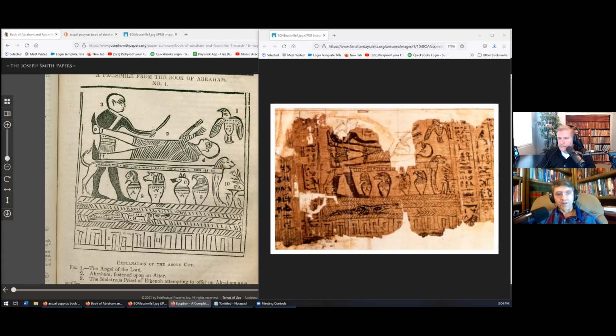In fact, a non-LDS Egyptologist pointed out this part that is figure 11, the very bottom part that has these kind of niches in it, that we would typically say, as Egyptologists, is a representation of the palace facade. He said that kind of thing you find in temple drawings. You don't find that in funerary papyri except for here.